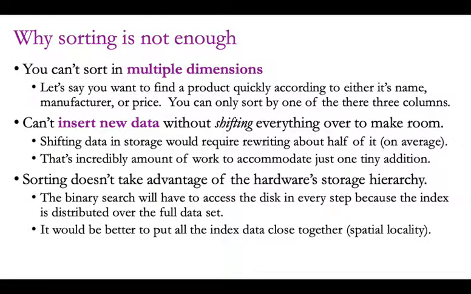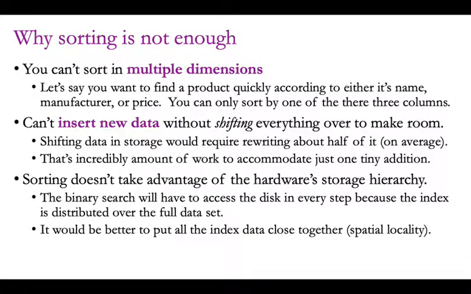Another limitation here is if you think about this as being computer data instead of a book, it's difficult to insert new data or remove data or modify the data without shifting everything else to make room or to reclaim room, right?